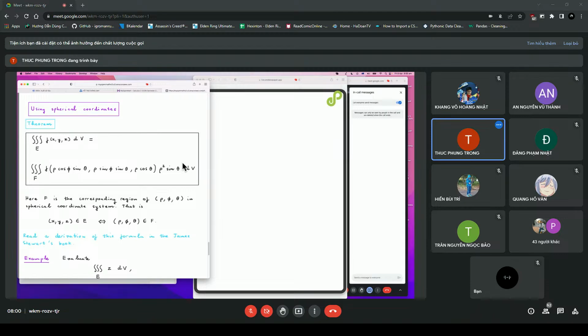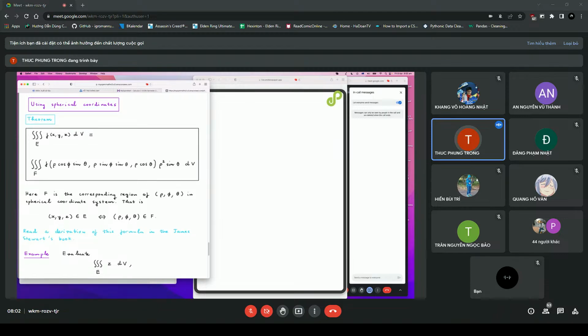So let's see how to write it correctly. You can see right here we had a function f of x, y, z. x, y, z are Cartesian coordinates. And if you remember the relation between Cartesian coordinates and spherical coordinates, then you would immediately write down that x is rho cosine phi sine theta, y is rho sine phi sine theta, and z is rho cosine theta.